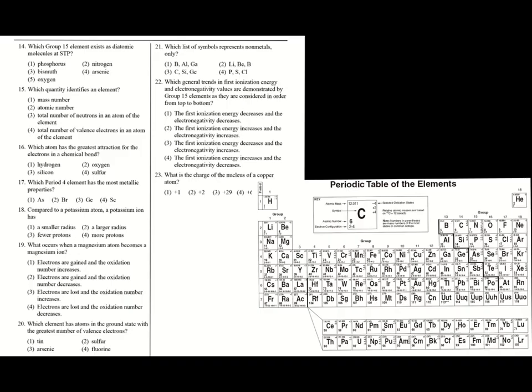Number 14, which group 15 element exists as a diatomic molecule at STP? So when you see the word diatomic, you're going to think of that phrase. Depends on which teacher you have, but I tell my kids this phrase, Hankelbrief. So the letters or the symbols in this phrase tell you all the elements that are diatomic.